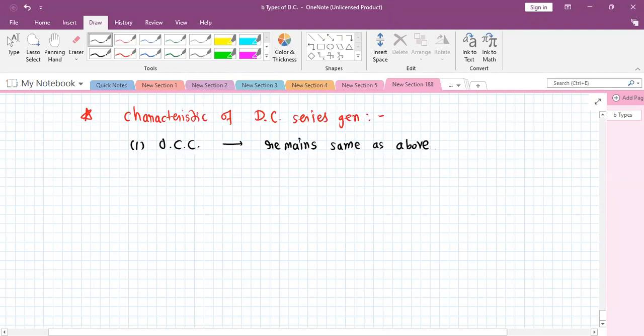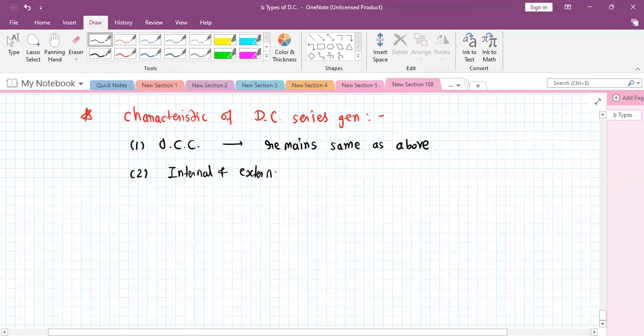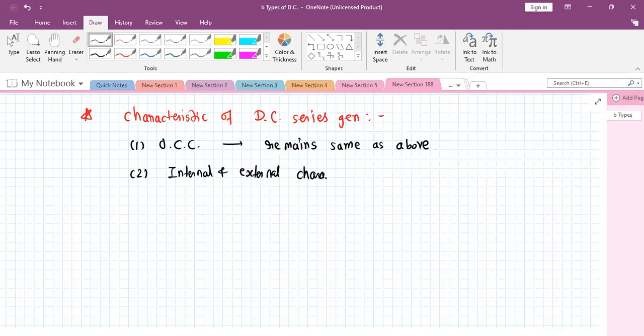It means the OCC for DC shunt and series are the same. Now second, you have to draw internal and external characteristics. Think on your own and try to draw what type of shape it will become.